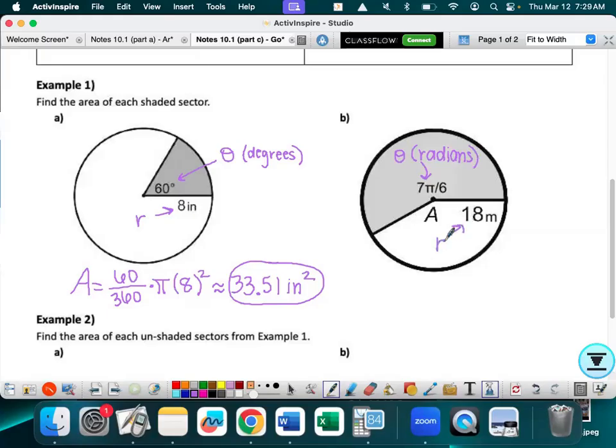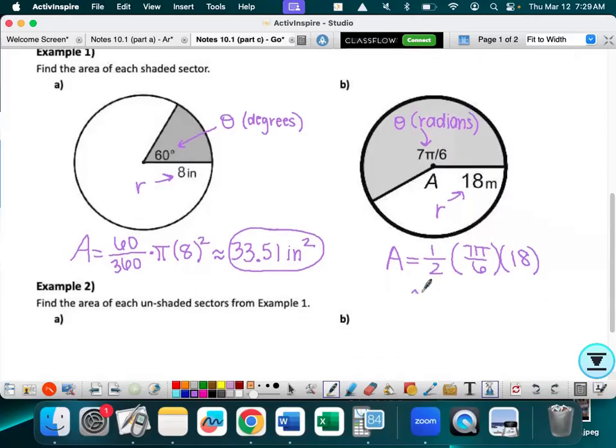Go ahead and fill out your formula for the radian measurement. For this measurement, I think I'm going to use the second formula where it's 1/2 theta. So in this case, 7 pi over 6 times the radius, which is 18. Go ahead and put that in the calculator.